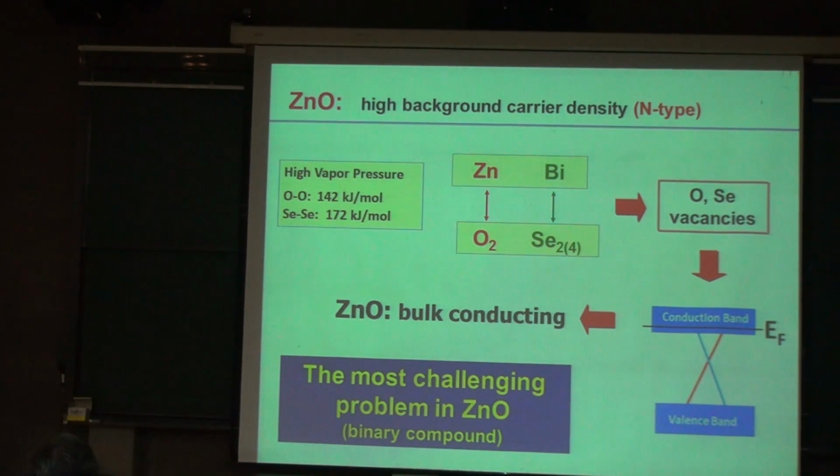So for the semiconductor industry, the first thing you get right is the starting material. You talk about semiconductor for the bipolar doping. Your starting material must be the intrinsic insulator. That's the best. Gallium arsenide, silicon.